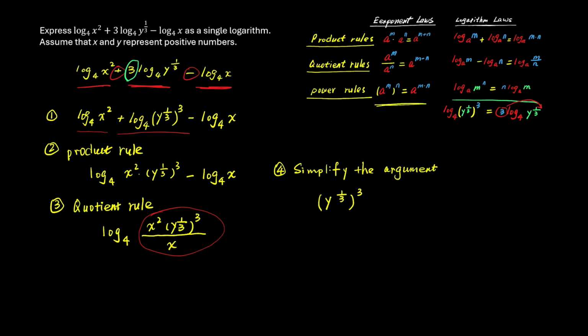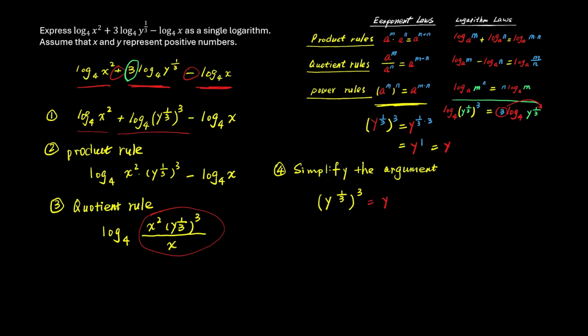This simplifies to y to the power of 1/3 times 3. 1/3 times 3 is 1, so we have y to the power of 1, which actually equals y.